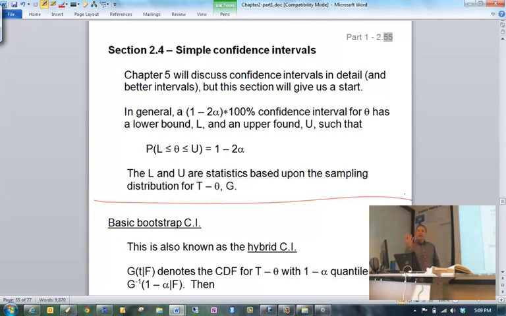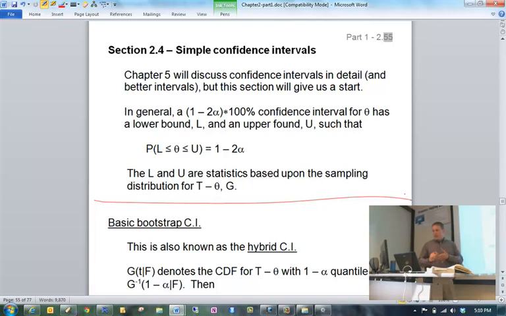So I want to find a confidence interval. This is the first time that we can really perform inference using the bootstrap. And once we have this as background, that will allow us to do some interesting examples. We're going to talk about 2 different kinds of confidence intervals using the bootstrap in this section. Chapter 5 is a whole chapter on bootstrap-based confidence intervals. The authors decided just to do 2 simple ones here, so that in chapters 3 and 4, before we get to chapter 5, you can do some inference.